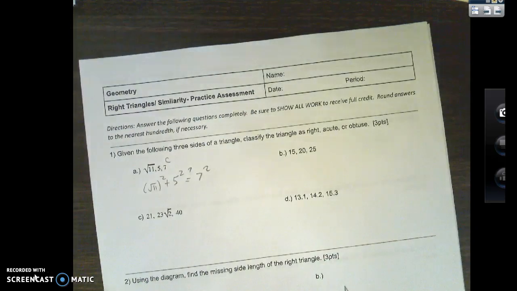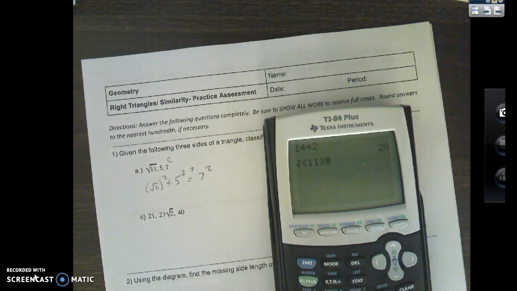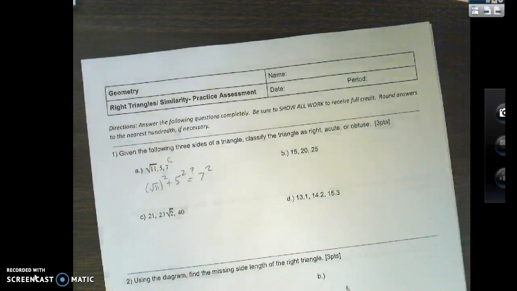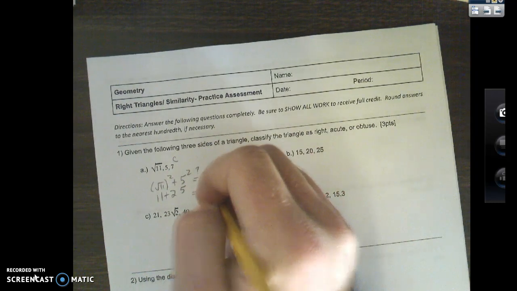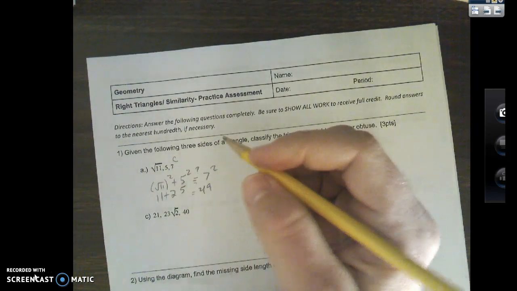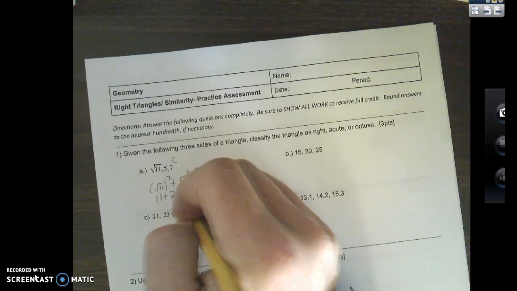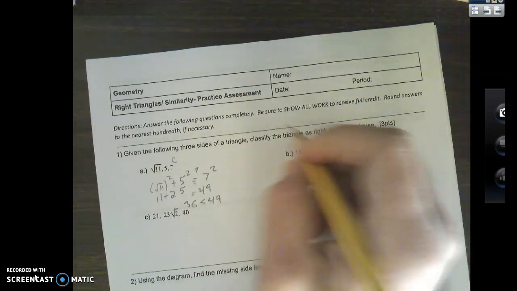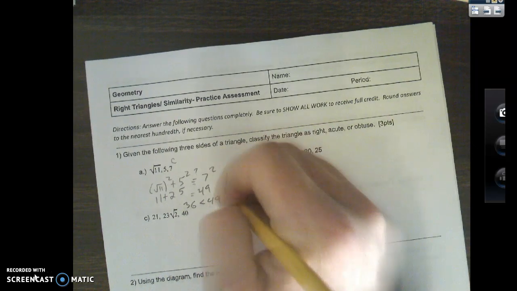If you put square root of 11 into my calculator and I square that, I will actually get 11. So 11 plus 25 gives me 36. Now, 36 is less than 49. That means my C squared is bigger, so therefore that is an obtuse triangle.